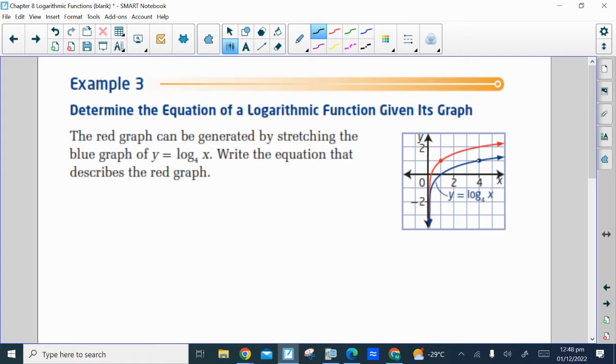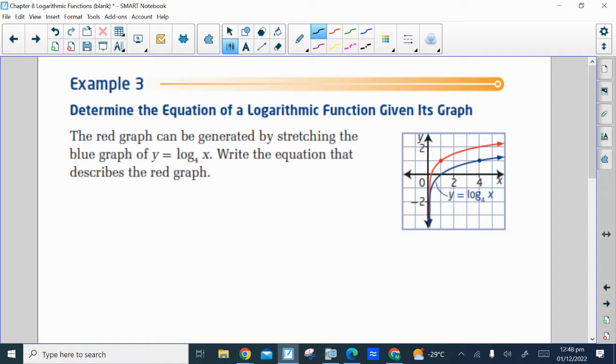So if we use these 2 points as the corresponding points, if you look at it and compare them, you could say that it has been horizontally stretched, okay? Because an x value of 4 became an x value of 1. So from going from 4 to 1, you divide by 4, which is the same as multiplying by a quarter.